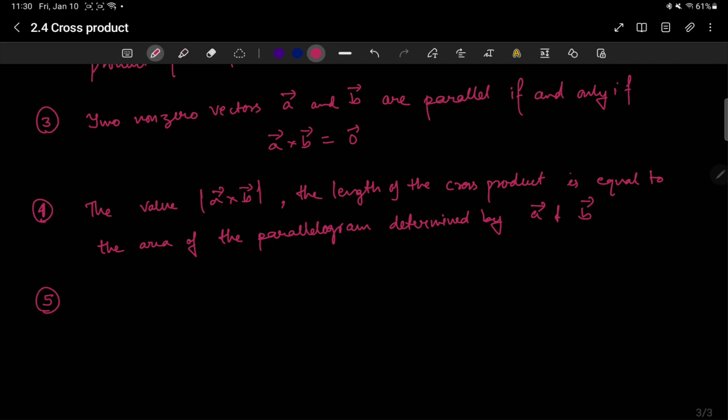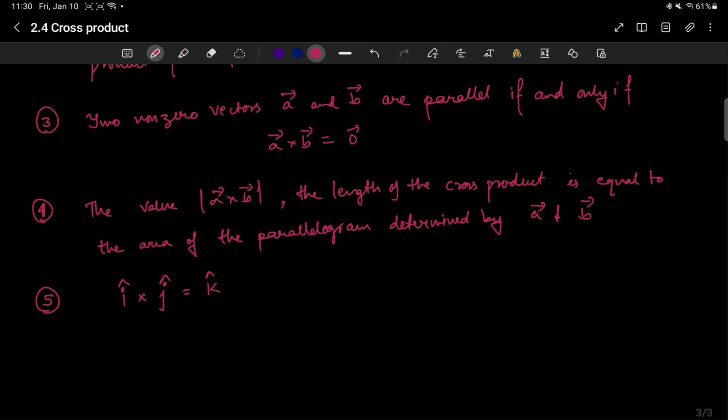Now, there's a cyclical property for the different component vectors. If you go I cross J, you get the vector K. If you think about it, these are the X, Y, Z axis. They're all perpendicular to each other. So if I cross I and J, that's the X and Y axis direction, then what's perpendicular to X and Y axis?